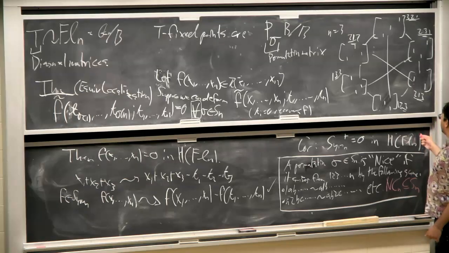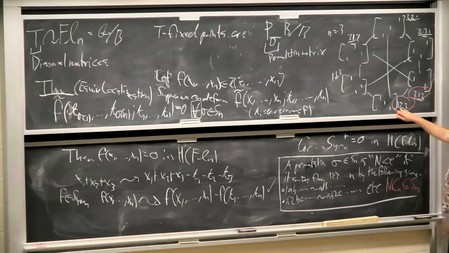Okay, so let's do this. We're going to play the game. 1, 2, 3. Where can I go from 1, 2, 3 playing this game? 2, 1, 3. Because I can swap, since 1 is in position 1. Where else can I move to? 1, 3, 2. Yes. Notice I'm not allowed to go from 2, 1, 3 to 2, 3, 1.